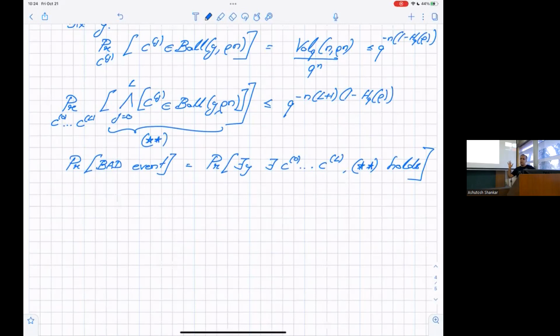Let's do one gigantic union bound. There exists a y, and there are at most q to the power n of them. And if I have to pick C0 to CL, this could be any L plus 1 code words. How many code words are there? There are totally q to the power Rn code words, and I'm picking L plus 1 of them.